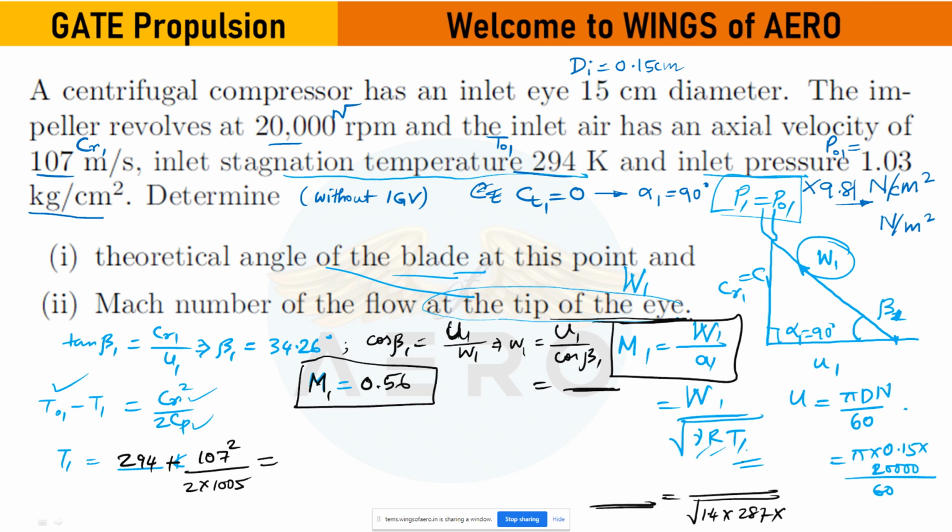So tell me, what is the value of the relative velocity? What was the relative velocity you got? 190, ma'am. And what was the T1 value you got? 288.3.